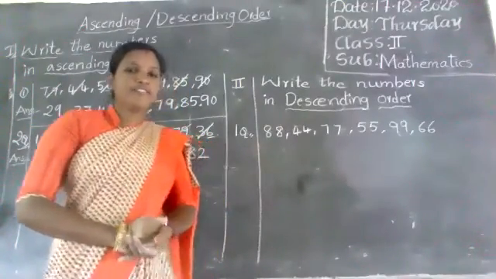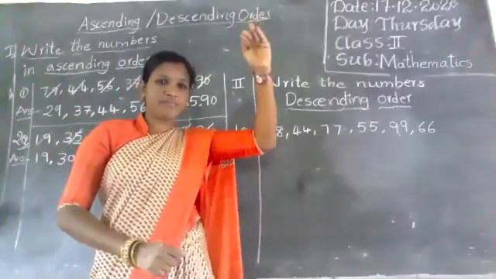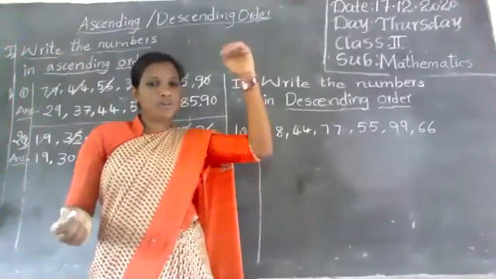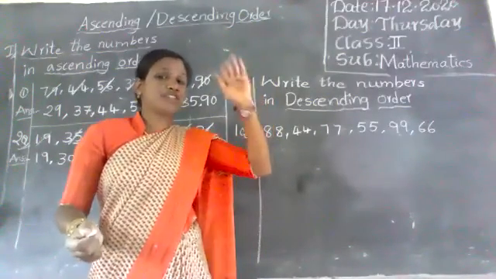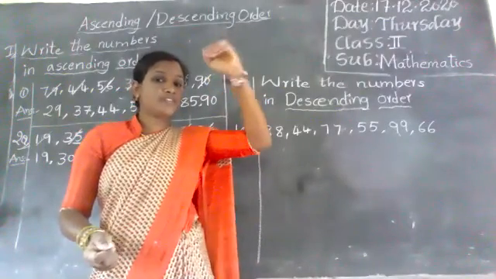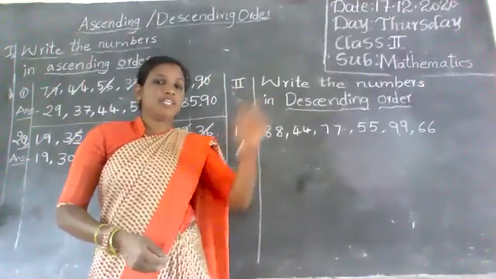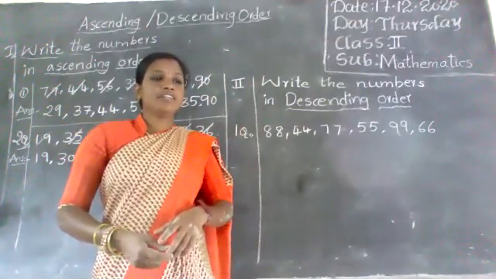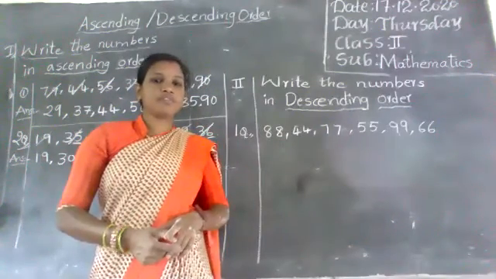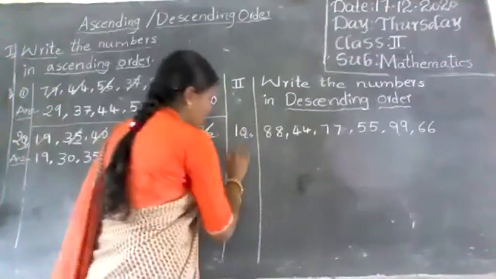It means we should arrange the numbers from the biggest number to the smallest number. So first, which number do we have to write? First, we have to write the biggest number. In descending order, the biggest number comes first.